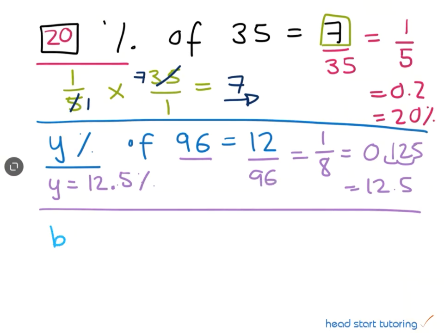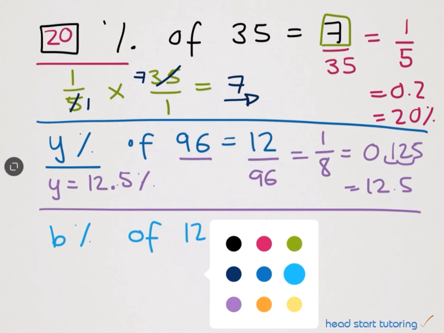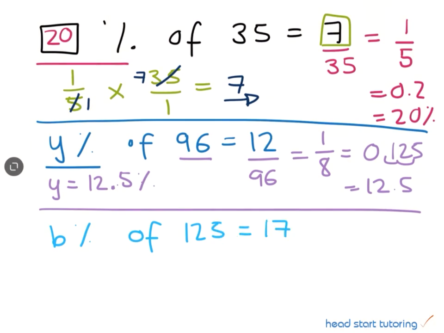Let's have a look at B% of 125 is equal to 17. So we need to find what the value of B is. So we need to just create a fraction by saying our numerator divided by our denominator. So 17 over 125. We need to now get this firstly into a decimal.